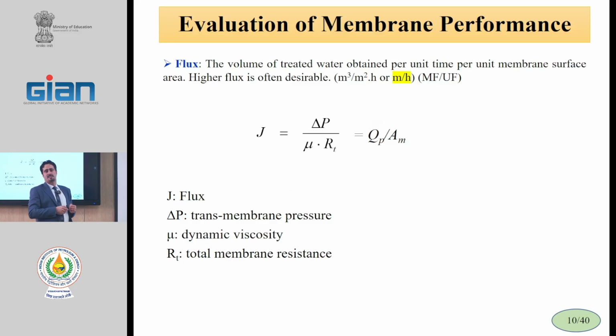Resistance is all of the resistance that causes a reduction in the passing of a solute through a membrane. A membrane is mass transfer from one location to another location.